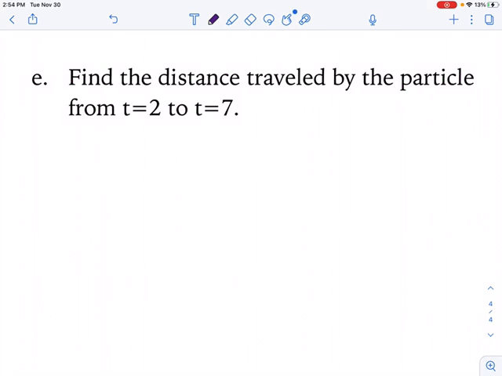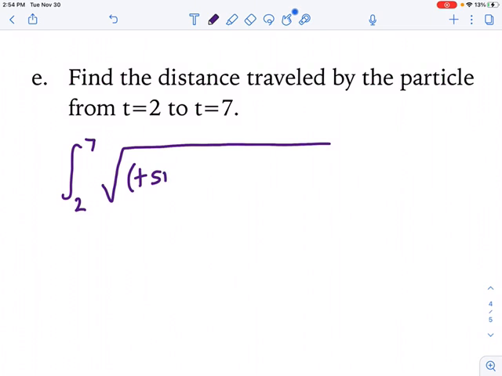Okay, well, if we think back to, once again, that quiz right before Thanksgiving, distance traveled is the integral from a to b of the square root of, well, pretty much what our square root is for speed, dx/dt squared plus dy/dt squared.